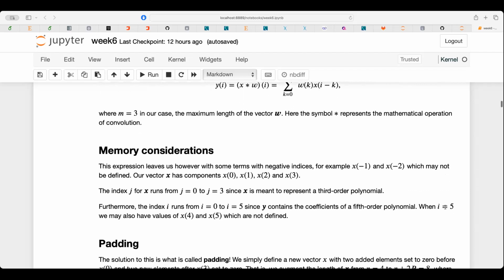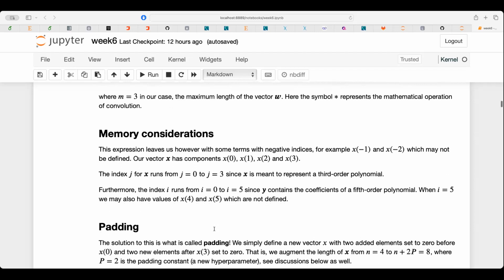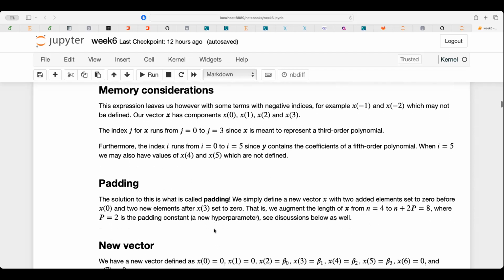And when i is equal to 5, because you have a fifth order polynomial, you will have elements with x4 and x5, which also are not allocated. So this leads to one of the things which is called padding. Let's take a look at that on the whiteboard so that we have everybody with us here.